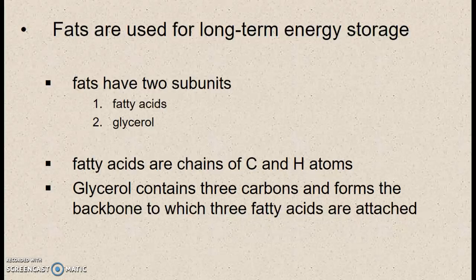And each spot where a fatty acid chain is connected to one of the carbon atoms in glycerol is a bond called an ester bond, or an ester linkage, formed through a dehydration synthesis reaction. So lipids do have that in common, that a dehydration synthesis reaction puts them together.